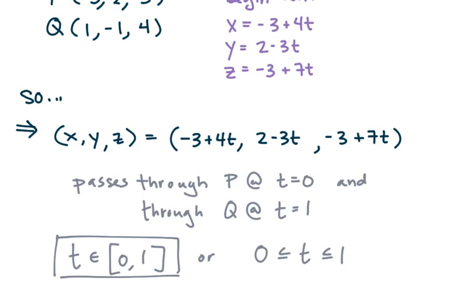This makes sense to consider as a line from P to Q, as the path of a particle moving from our initial point P sub 0, which in this case is P at t equals 0, in the direction of the vector V towards Q, our terminal point.